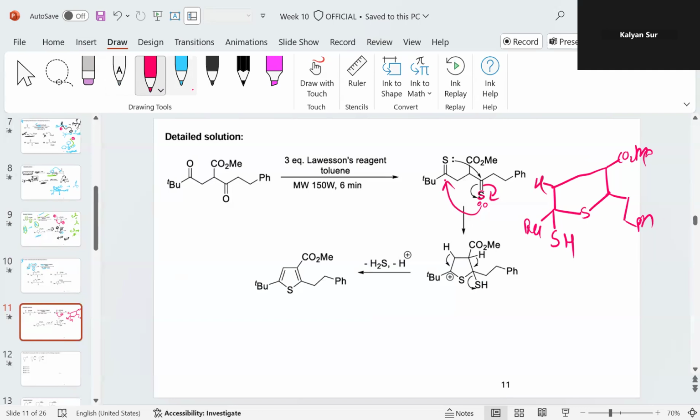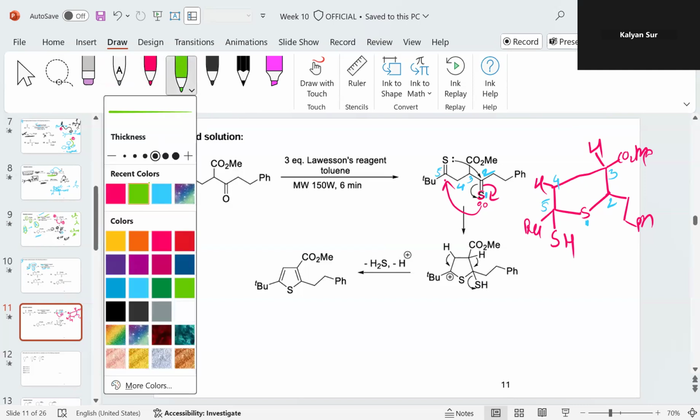Here also one proton is there and another proton on this carbon also. If I give the numbering, this is the sulfur 1, 2, 3, 4, and the center is 5. So these are the five centers. And in this also, what will happen next?